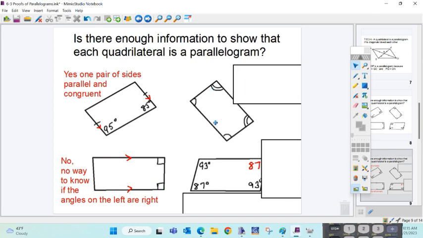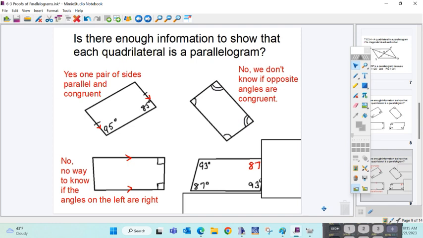How about this one? What do we think? No. Nope, you're right, it is not. We have two pairs of congruent angles, but they're not opposite angles that are congruent. That would lend itself more to a trapezoid.